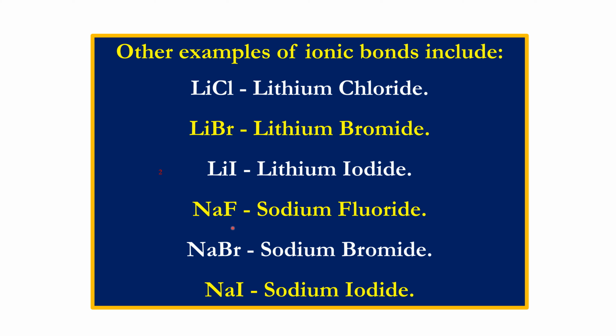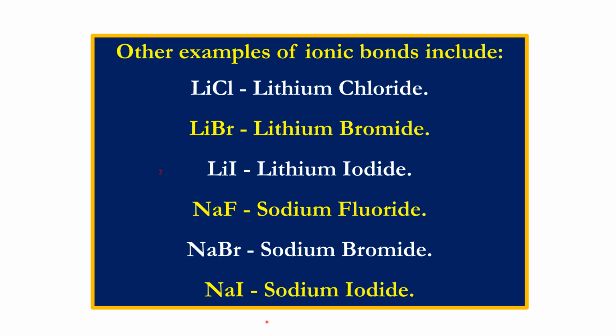In sodium fluoride, sodium loses 1 electron, and fluorine gains that 1 electron. So there is an ionic bond between sodium and fluorine. In sodium bromide, sodium loses 1 electron, and that 1 electron is gained by bromine. A similar thing occurs in sodium iodide as well.